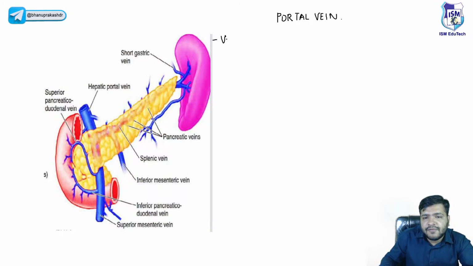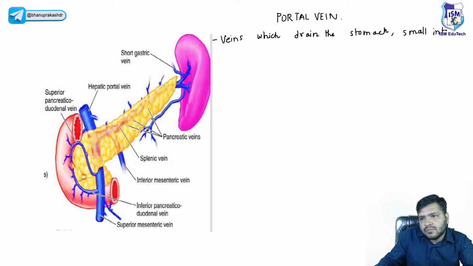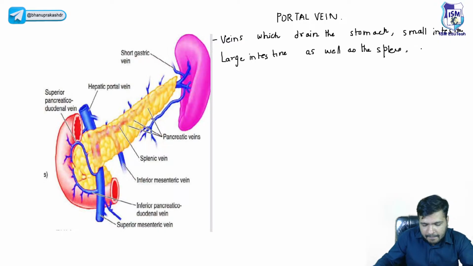The veins which drain the stomach, small intestine, large intestine, as well as the spleen, pancreas, and gallbladder.